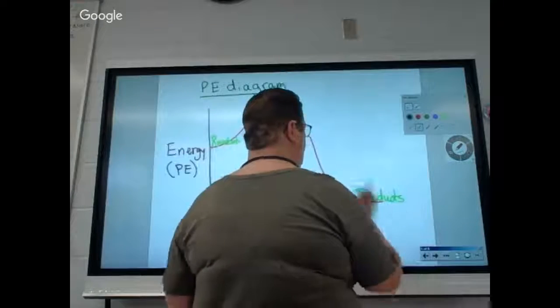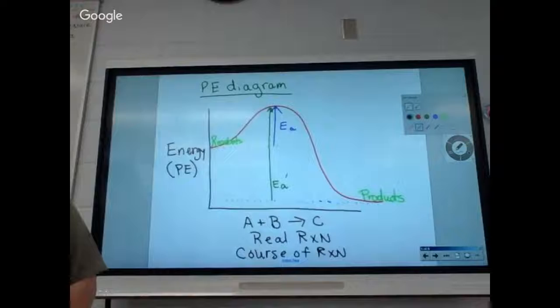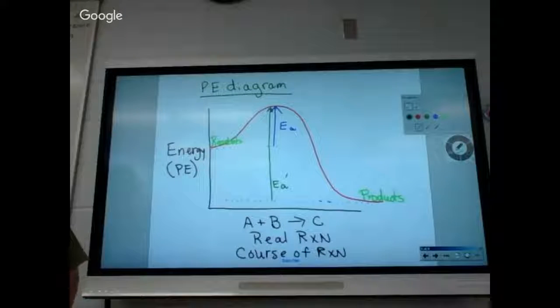Okay. And now look at this and see if you can tell me. It's endo. Okay. Why is it endo? Less energy. That means it's absorbed. You said it has less energy. I like that part. It does have less energy. So that means what?